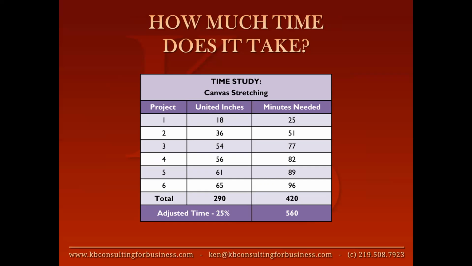Now, just like when calculating productive shop hour time, add an additional 25% to the time it took to do the stretching. This is to offset the gathering and cleaning up of supplies, interruptions and breaks, and conversations that occur when working. Do this by dividing the total minutes by 0.75 to arrive at an adjusted time of 560 minutes in our example.